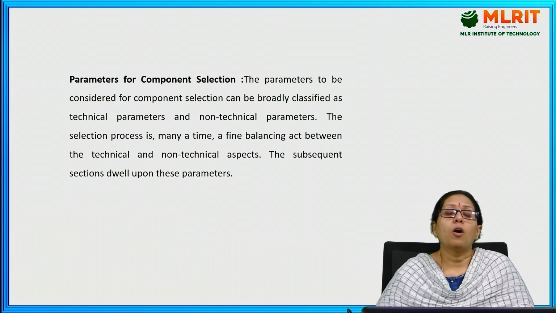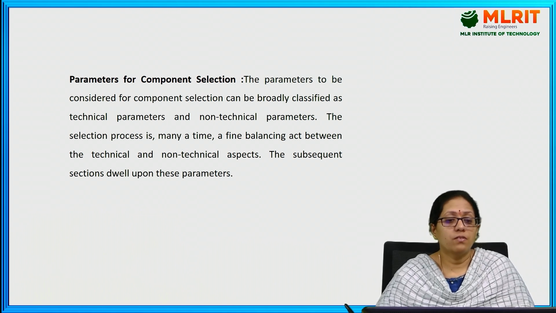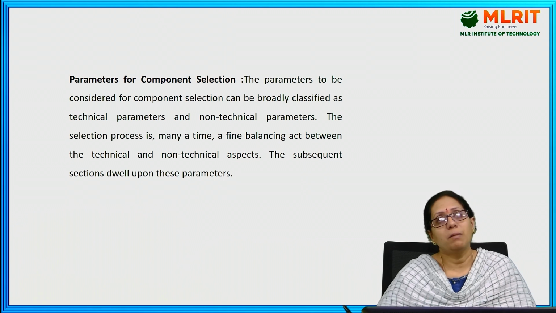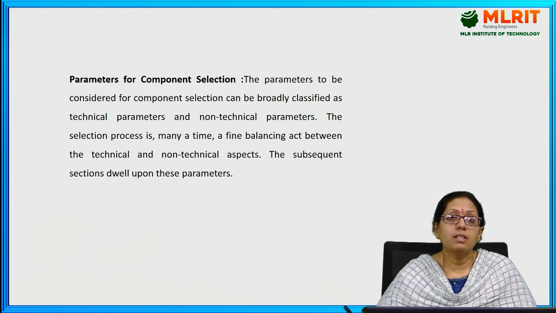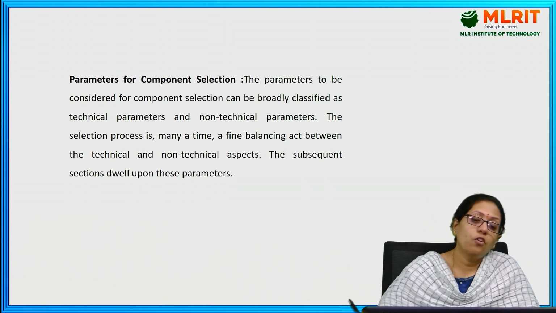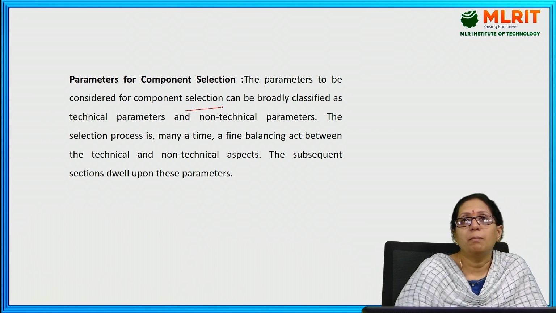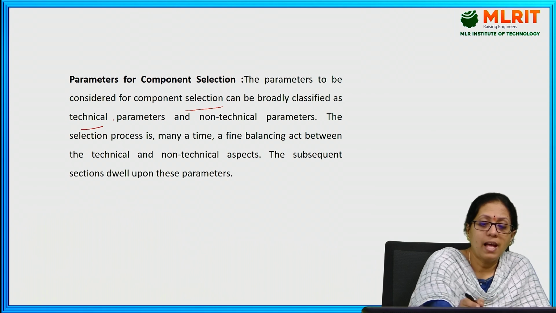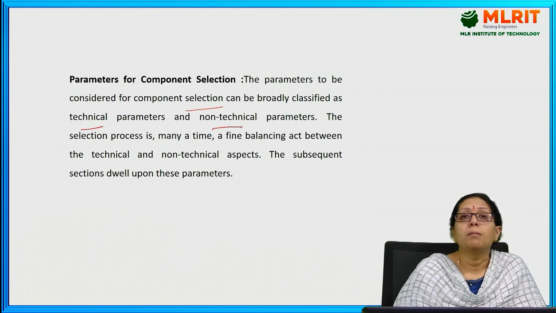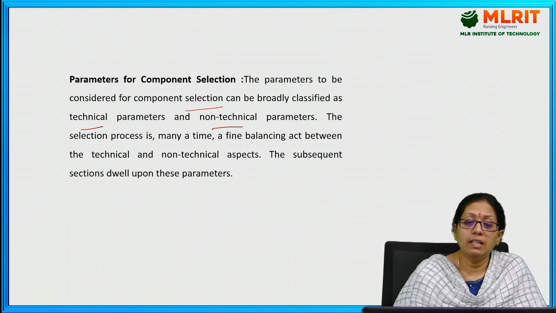Parameters for component selection. For selecting different types of components, first we need to know the parameters of that. The parameters to be considered for selecting can be broadly classified into technical as well as non-technical parameters.